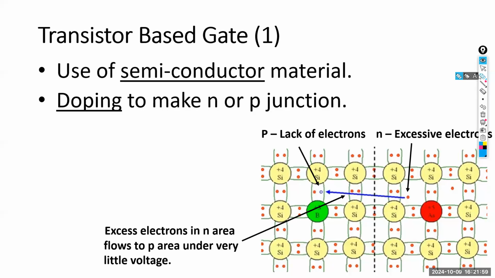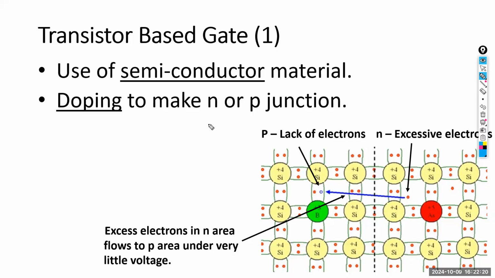Right. To build transistors, you need logic components, digital circuit components, consisting of hundreds of transistors. You need a semiconductor material like silicon, then dope it to make an N-P junction.